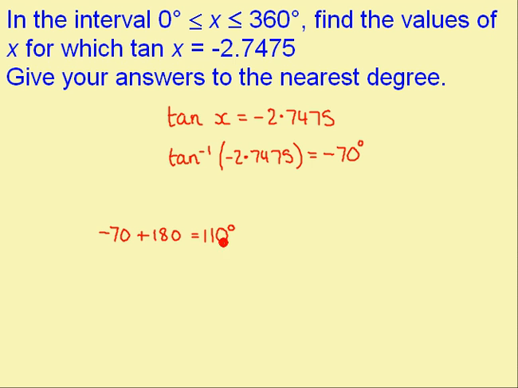And then we can get that 110 and add on another 180 to get 290 degrees, which is also in our interval. If we add another 180, we'll go above 360, so these are the two answers. So x equals 110 degrees and 290 degrees.